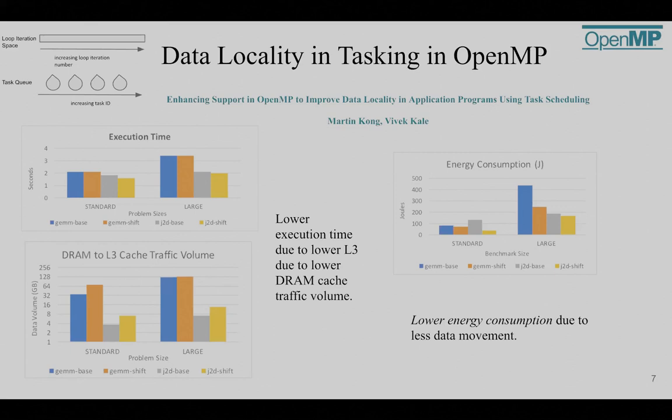The interesting thing, though, to really see is actually the lower energy consumption shown on the right. We see that both the matrix multiplication and the Jacobi 2D consume less energy on the processor than their baseline counterparts.